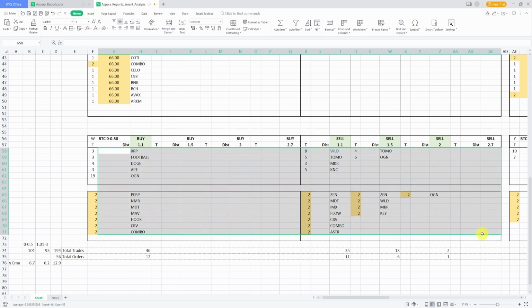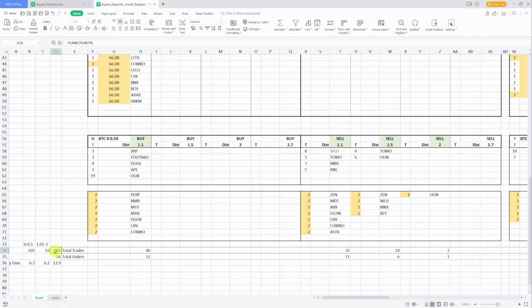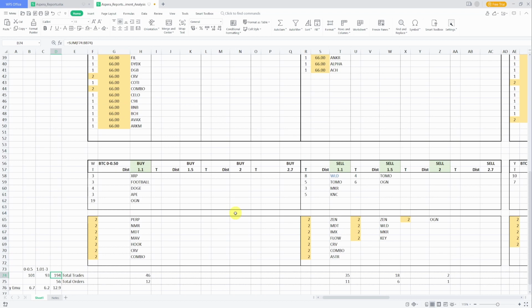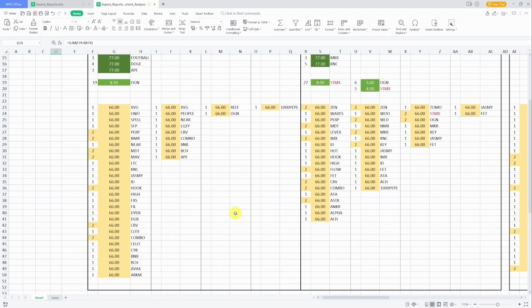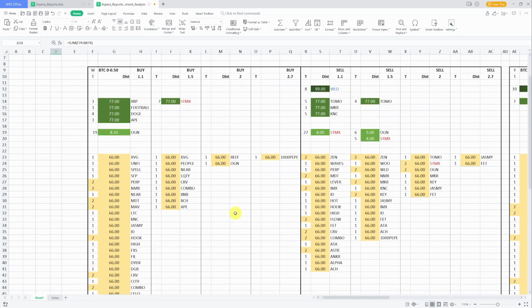So this week, the market has been much flatter and much calmer than back here, where we had almost 200 trades. This tells you that the same algorithms, the same pairs at the same distance might not work exactly the same across different time frames.